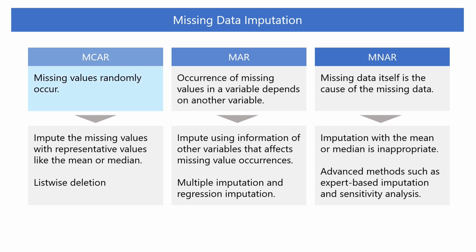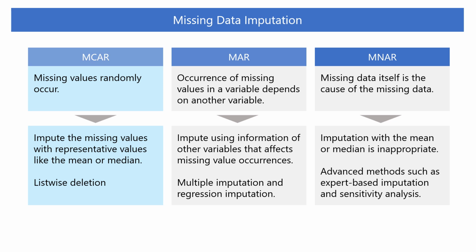In MCAR, missing values occur completely randomly, and there's no bias in the overall data. In MCAR, missing values are not dependent on other variables or data itself, so it is assumed that the missing values will not differ significantly from the average trend of the data.